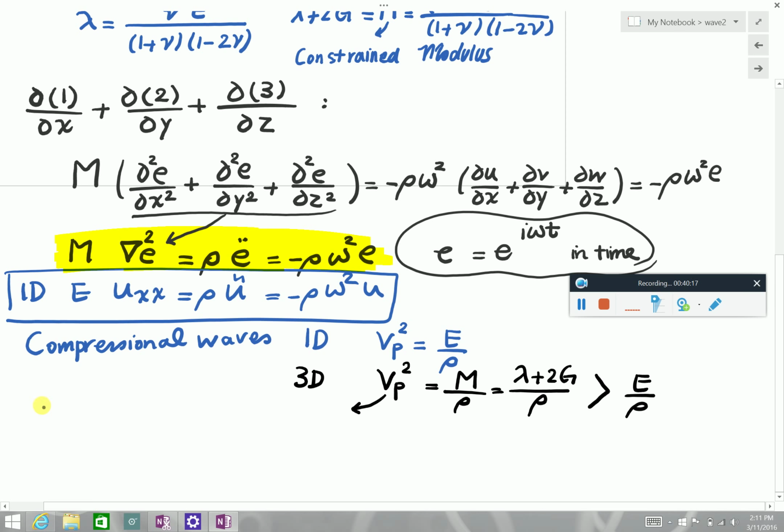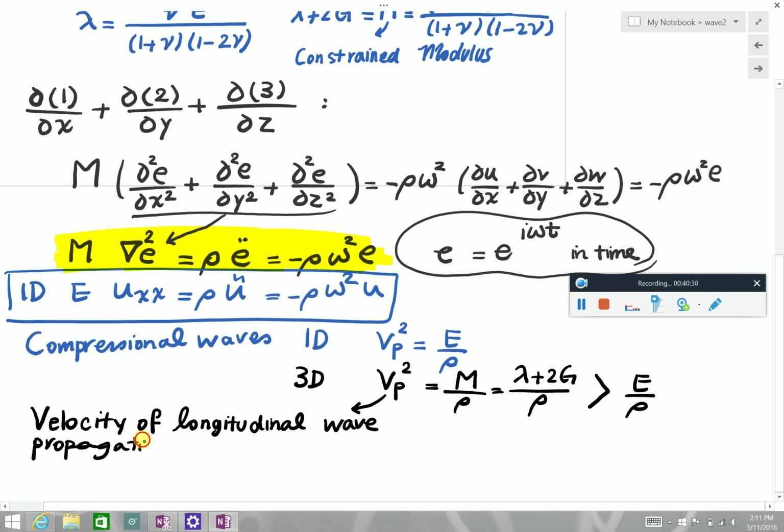So this Vp is the velocity of longitudinal wave propagation in the bulk of the material.